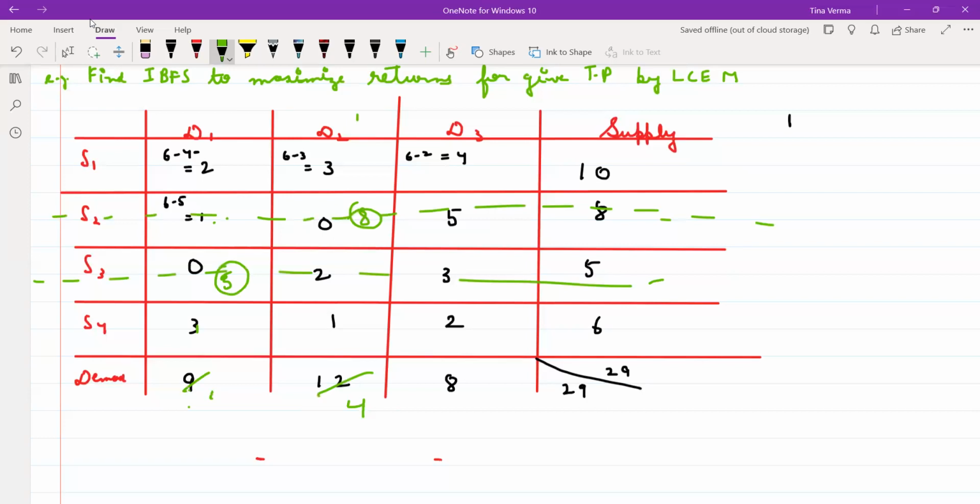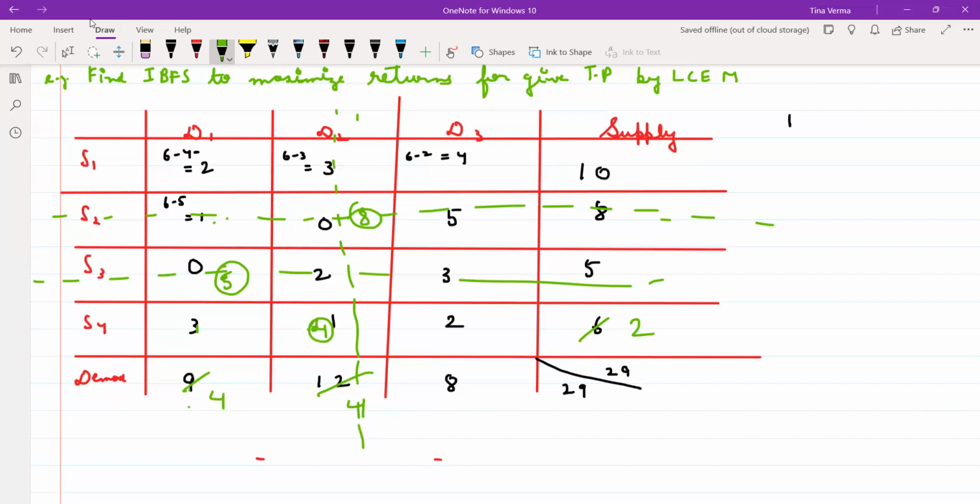and here you will have 4. The next minimum cost is 1, but you will assign 4 or 6. Minimum is 4, so you will cut the column, and 6 minus 4 is your 2. Next, what is the minimum? 2.